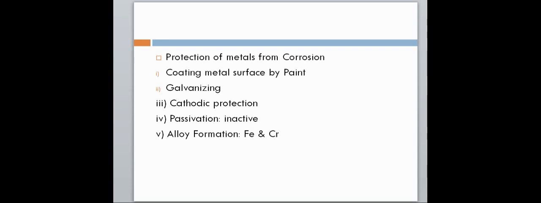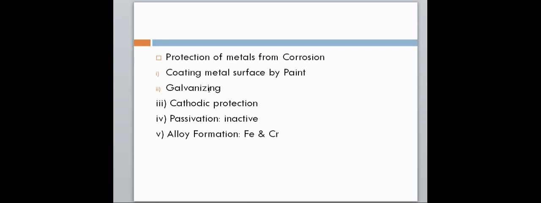So, what can we do to prevent corrosion to a large extent? There are these points here. Coating the metal surface with paint, that is something that we do at home. We keep painting the metal surfaces to prevent them from getting rusted, because that layer stops moisture from reacting on the surface. Galvanizing is another option.